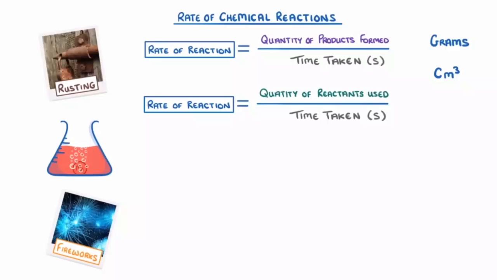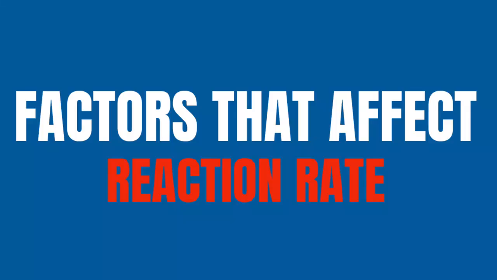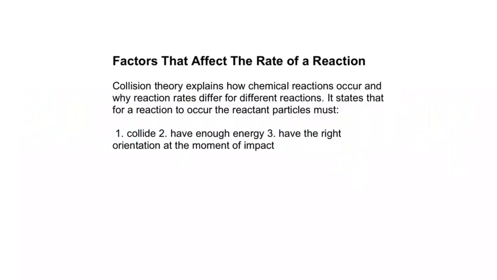Let's take a look at the collision theory. We use the collision theory to explain how chemical reactions occur and why reactions differ for different reactions. It states that for a reaction to occur, the reactant particles must, one, collide, right? So we need a collision between the particles in order for a chemical reaction to occur.